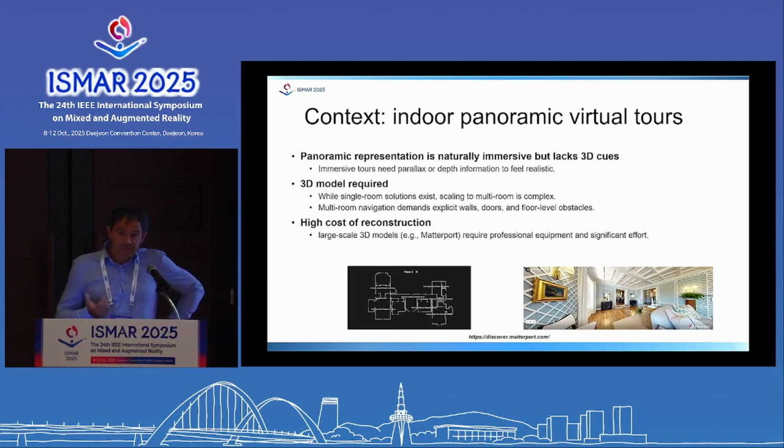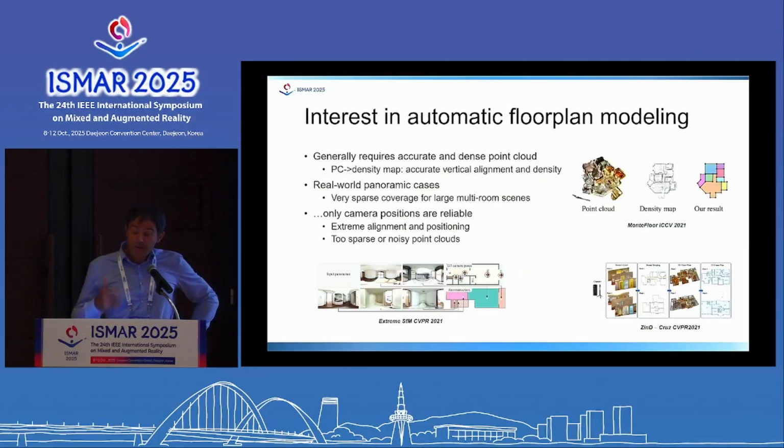In many commercial solutions, like Matterport, for example, you are seeing a screenshot there, this requires a lot of effort in terms of hardware and even user interaction. They need, for example, to acquire the scene with a scanner and then to map everything, reconstruct the model, manually modeling something. So there is a strong interest, especially in research, in trying to do it automatically.